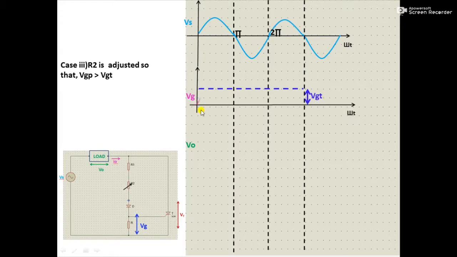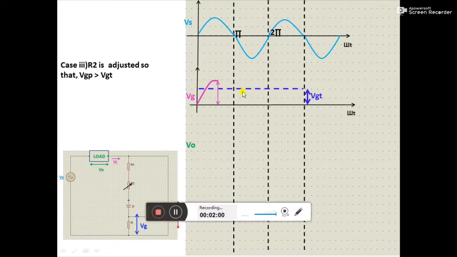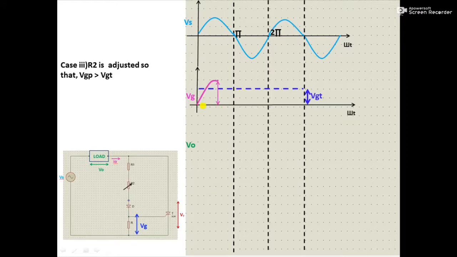Now you can see Vg rising here. As Vs is rising, Vg is also rising, and you can see the amplitude of the peak voltage here is greater than Vgt. So VGP, the peak value of gate voltage, is greater than VGT here.